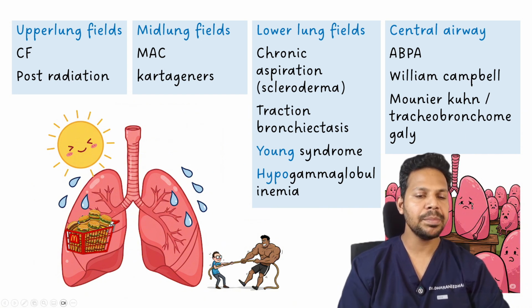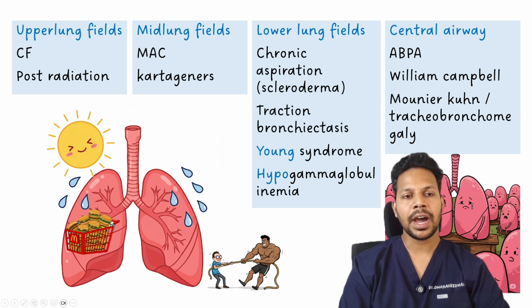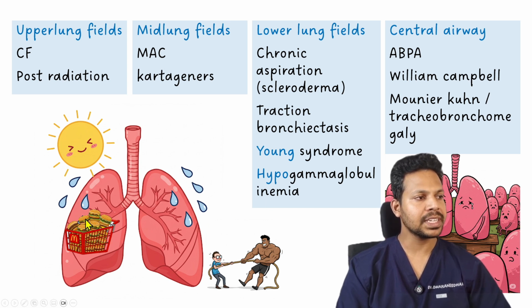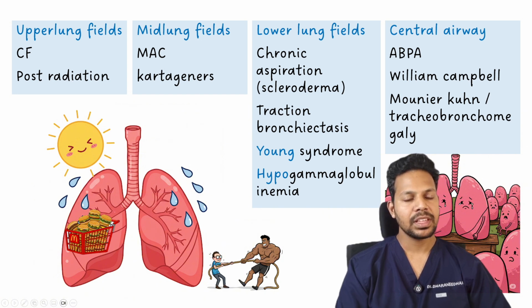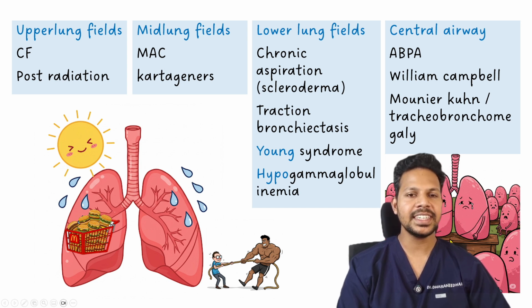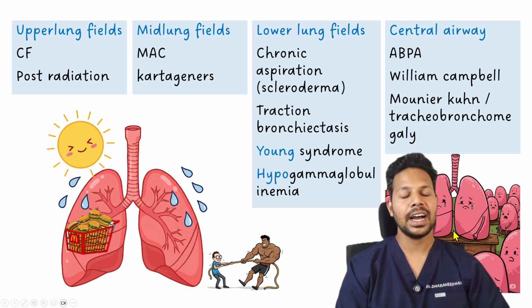And you can see in the mid lung field, you can appreciate a cart which is filled with Big Macs, the McDonald's burgers, right? So the cart stands for Lady Windermere syndrome and burgers from McDonald's stand for MAC. So the cart with burgers is located in the mid lung fields. And when you look at the central airway, understand this image, there is a camp of lungs which have come together, and in the center there is a lung which is mourning and saying Abba.